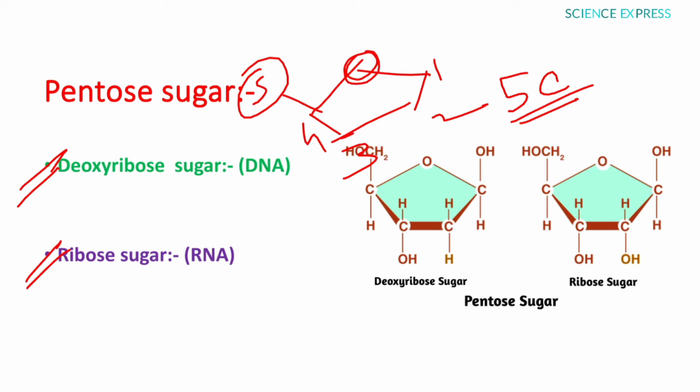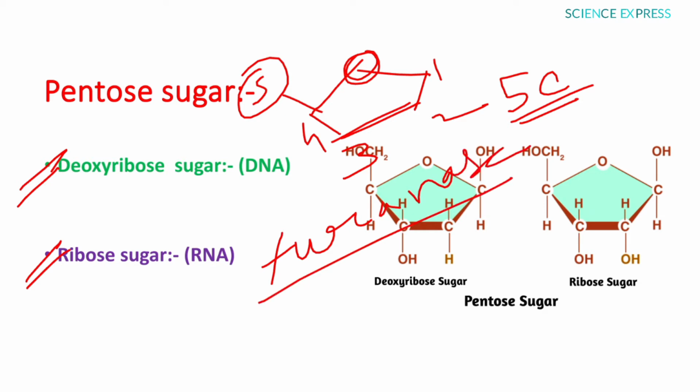So the ring is called furanose, and with five carbons in total, it is a pentose sugar. Clear? In DNA, the pentose sugar is deoxyribose, and in RNA, it is ribose.